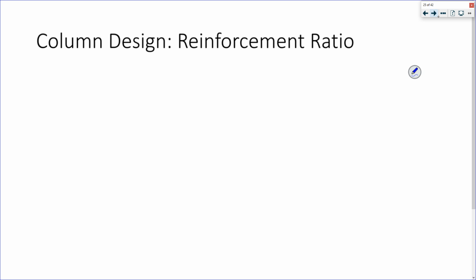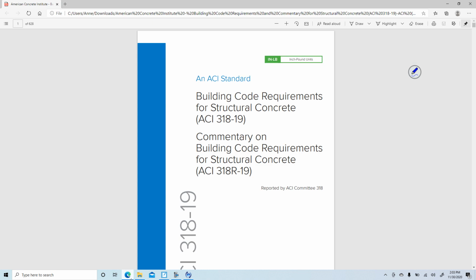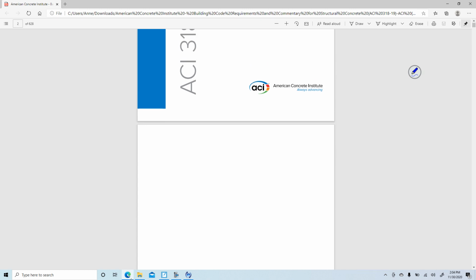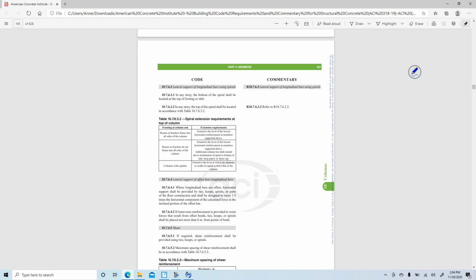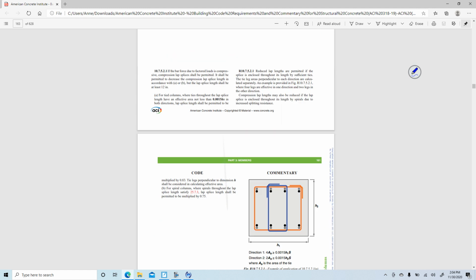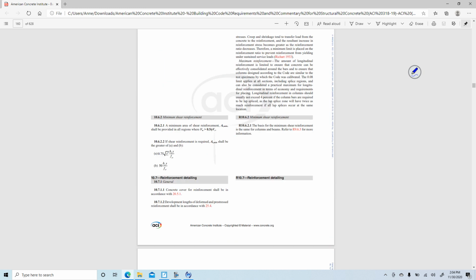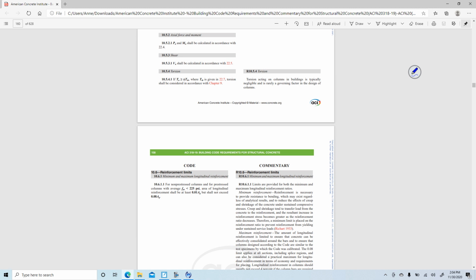Our reinforcement ratio, if we go to section 10.6 in the ACI code, it's on page 158. This is all about reinforcement.